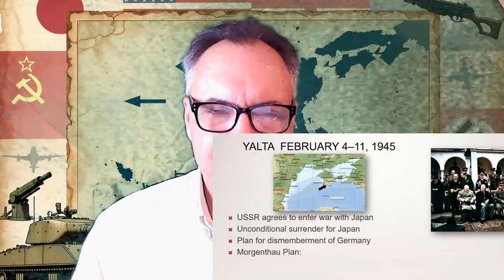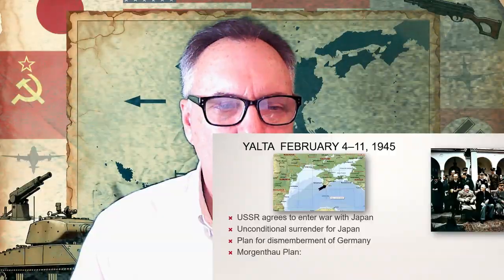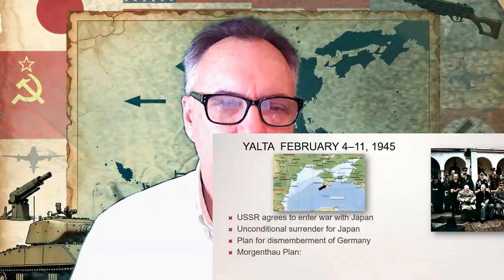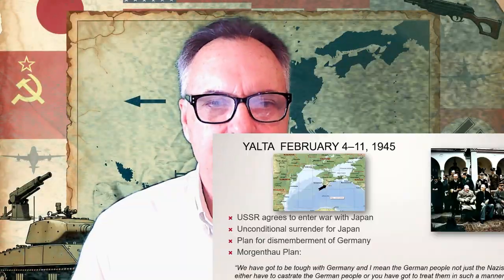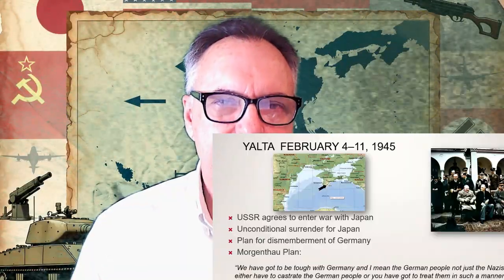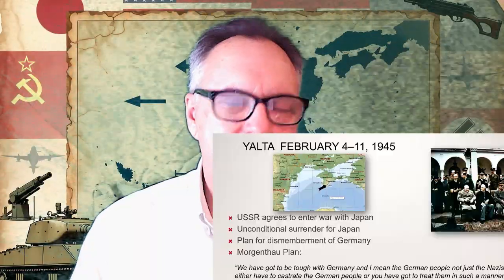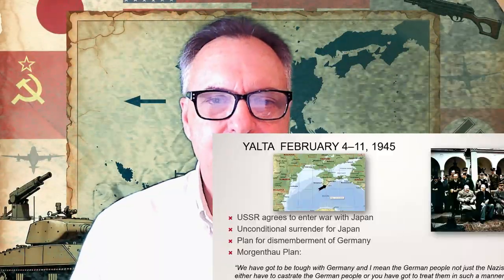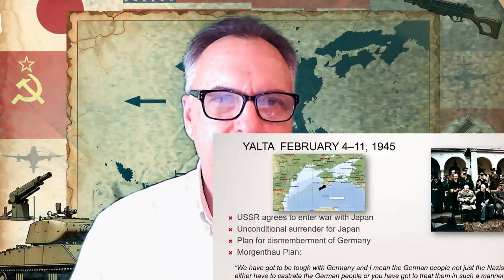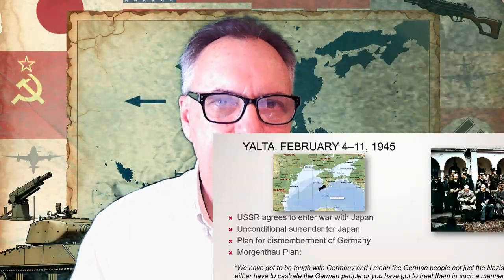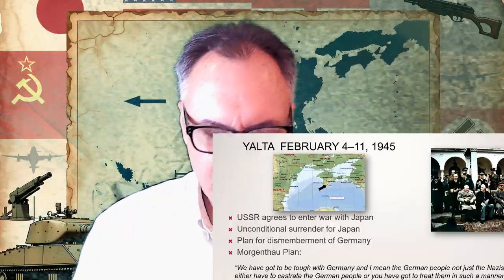Now, the plan says we are not going to do anything for the recovery of Germany. It's going to be deindustrialized. Now, if you deindustrialize Germany, what does that mean? It means millions of people are going to die. That's just the reality. But we don't care because we view those German people as guilty of causing this war.